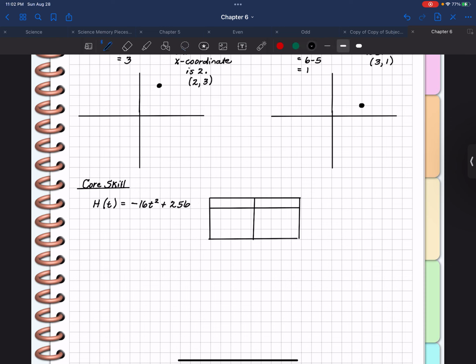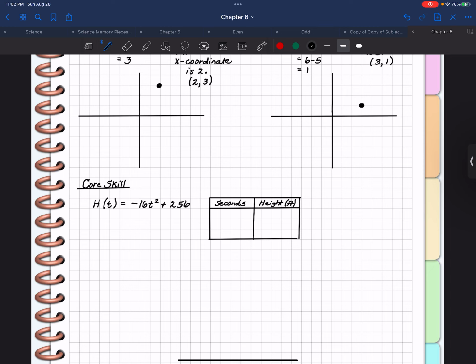So h of t tells us that the height is in feet of an object, and t is in seconds. So time in seconds, height in feet. Seconds is the independent variable.